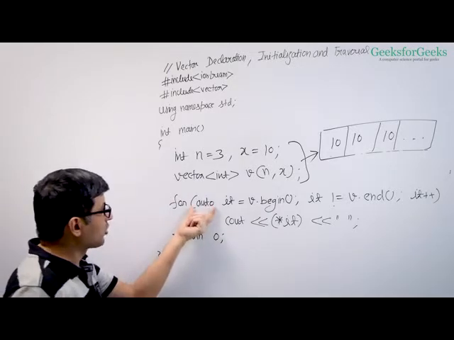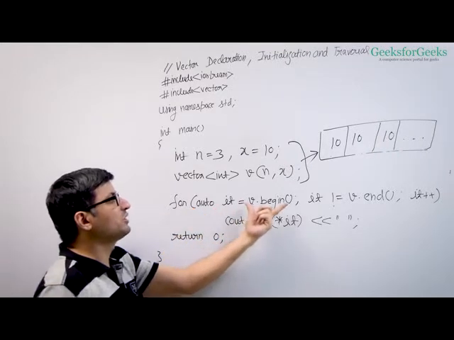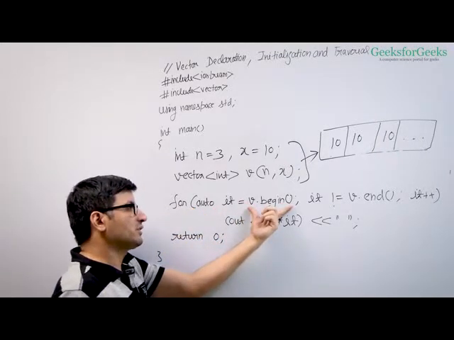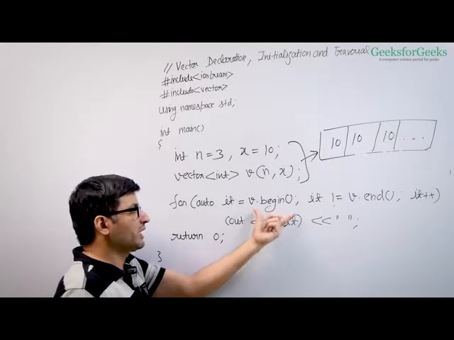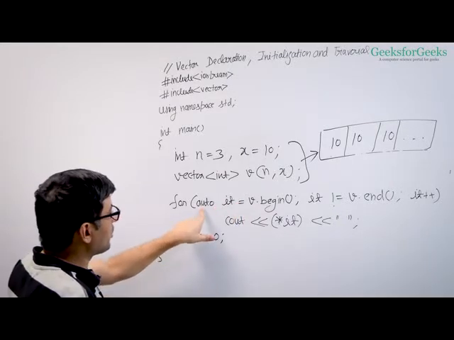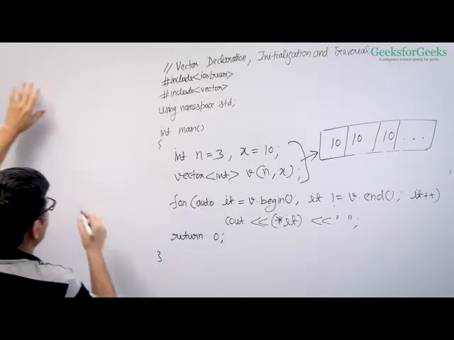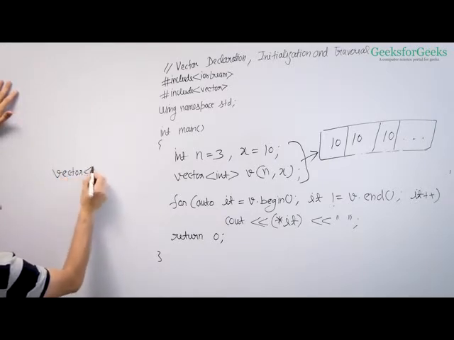When we use auto, it means automatically assign the data type. So when you are using v.begin, it returns a type iterator of a vector. So that type is also automatically assigned to it. If we don't write auto, then we will have to write this. This is the type of iterator of a vector.